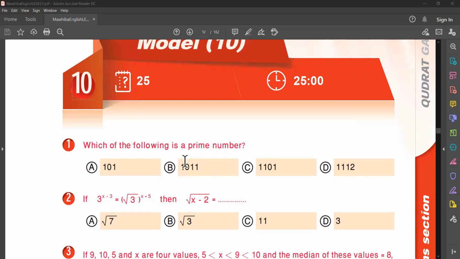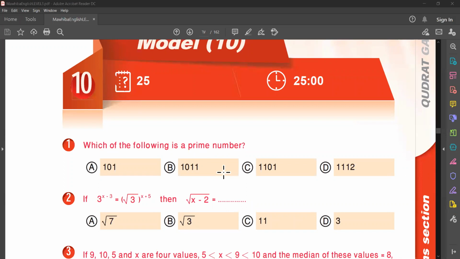I want to understand the meaning of prime number, odd, or even number. Can you write it? 2, 3, 5, and 7, yes, are prime numbers, right? Good, because they have only two factors, one and itself.